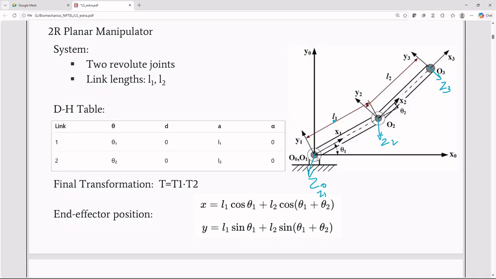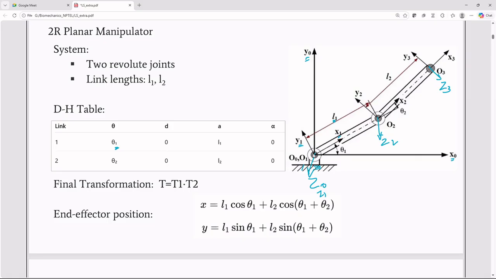So z0 is the fixed link, the joint that is fixed to the ground, and this is the rotated axis. This one is the x0 y0 plane, and this is the x1 y1 frame. X1 y1 is aligned with the link L1. So the rotation is theta 1, and there is no translation.